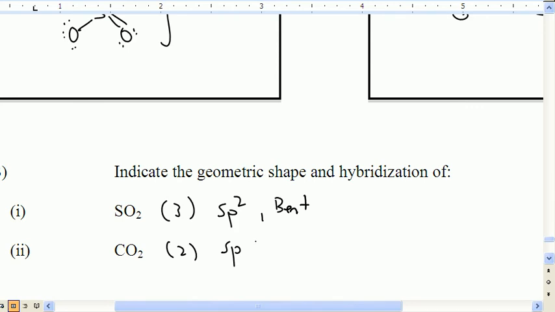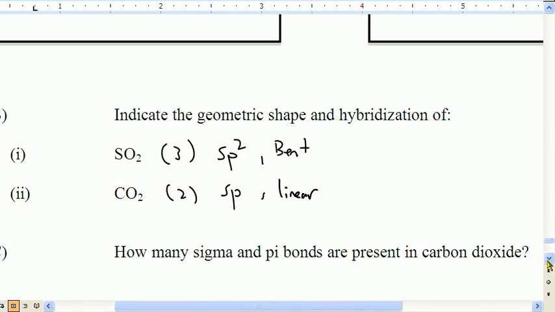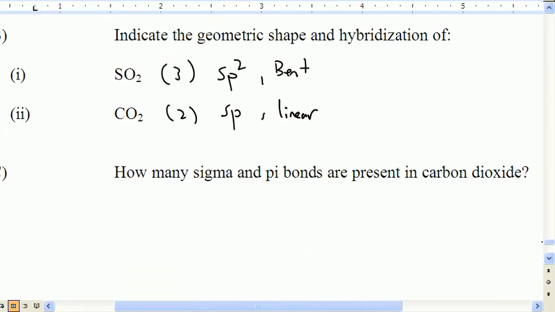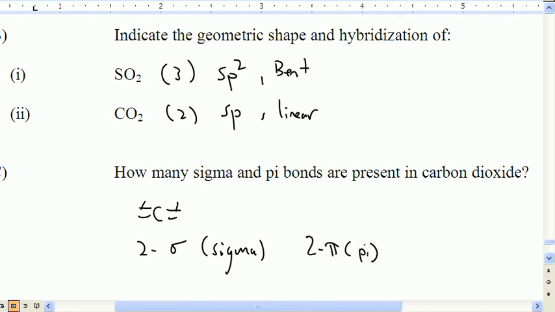It's one of the 2 types of bent. You can have 2 letters and 1 lone pair, or 2 letters and 2 lone pairs. Sp in this case is going to be linear. How many sigma and pi bonds are present in carbon dioxide? Okay, 2 sigma. That's a single for sigma. 2 pi. That is pi.